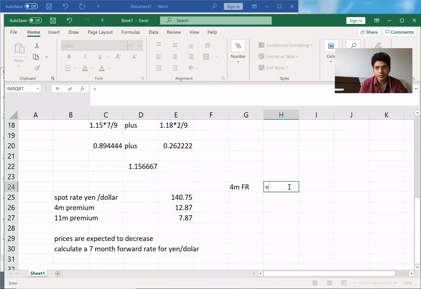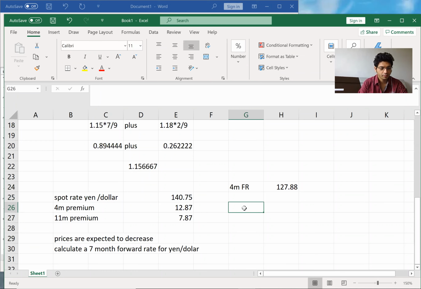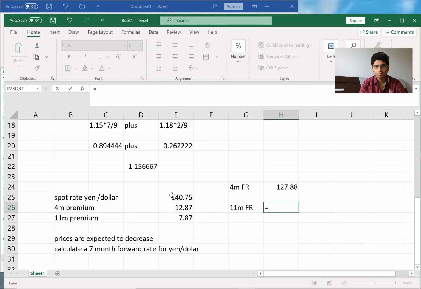So prices are expected to decrease. So that will be 140.75 minus 12.87 will give me the 4-month forward rate. 140.75 minus 7.87 will give me 132.88.